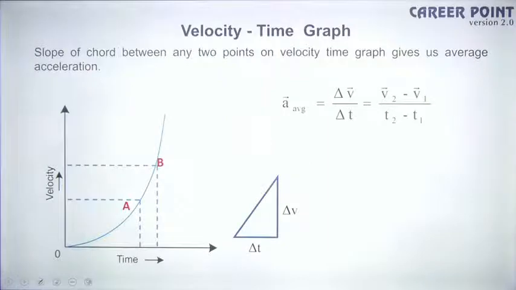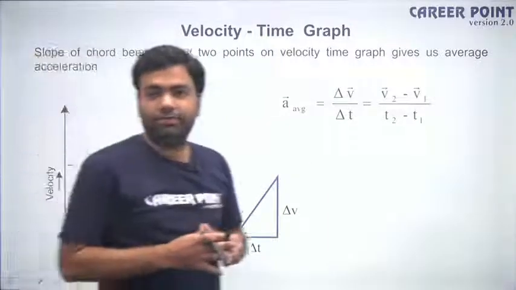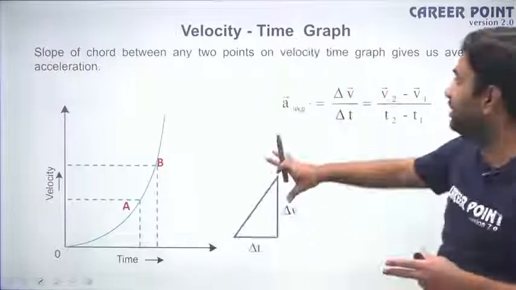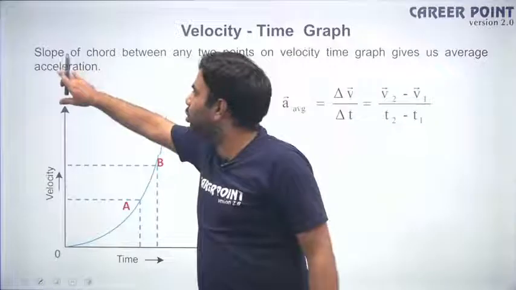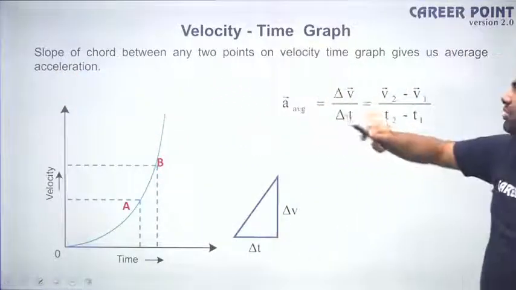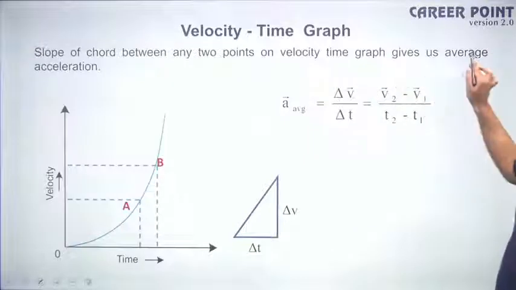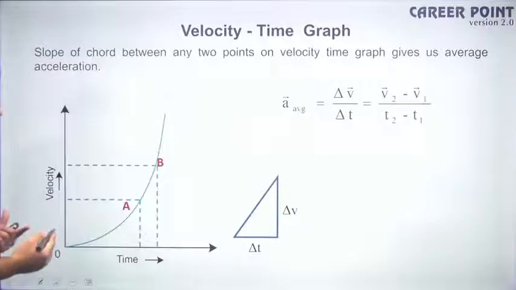Okay. Now let us talk about the velocity-time graph. See, the slope of a chord between any 2 points on the velocity-time graph gives us acceleration. What is average acceleration?